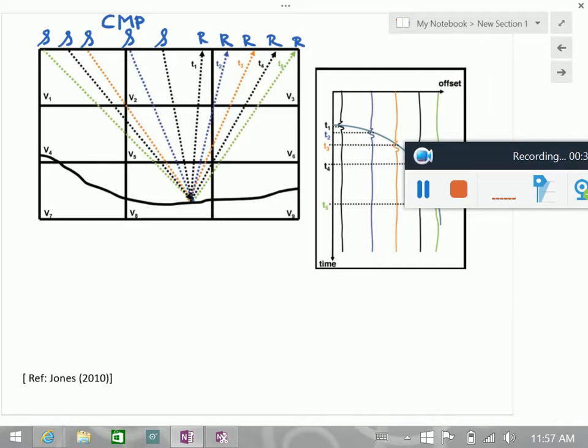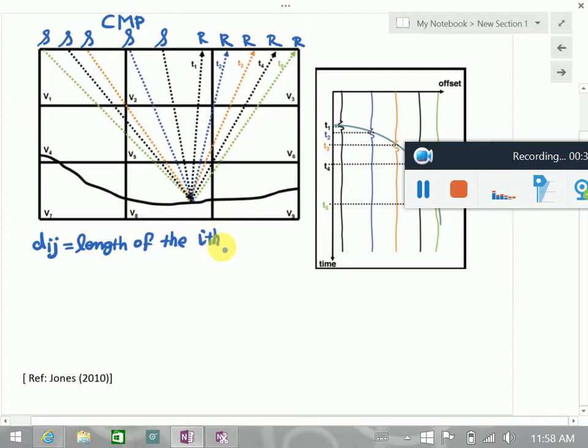Now, if we denote Dij is the length of the ith ray path in the jth velocity cell. Here is the first subscript.